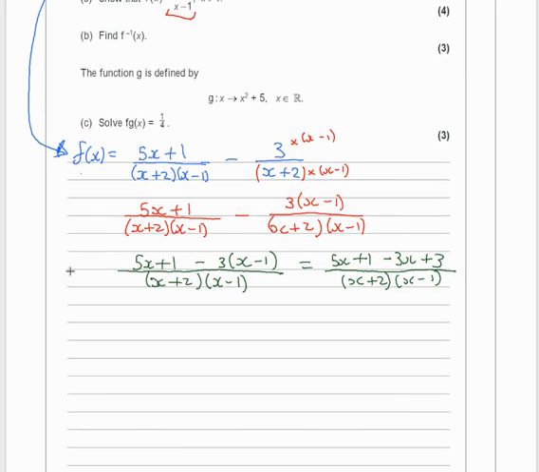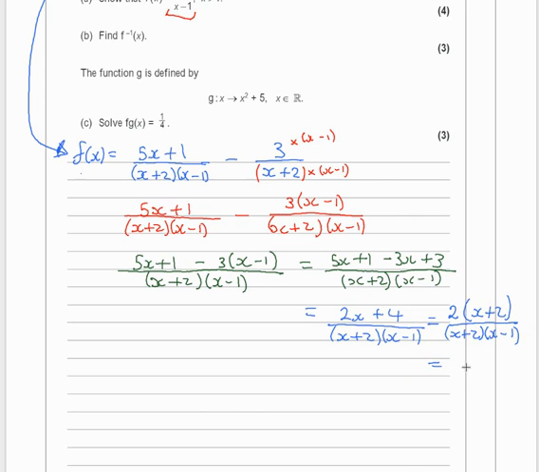Now we have 5x take away 3x, which is 2x. 1 plus 3 is 4. And that's over x plus 2 multiplied by x minus 1. And then that will simplify to 2 open bracket x plus 2, just factorizing, over x plus 2 multiplied by x minus 1.